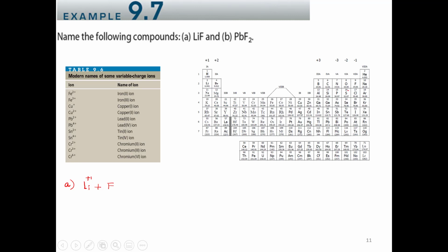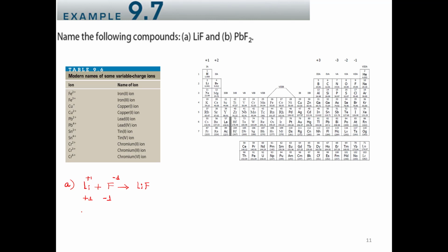Fluorine is in group 7A, so the charge will be -1. Now we need to check if this compound is neutral. Lithium is +1, fluorine is -1, so it is neutral. And this is resolved.